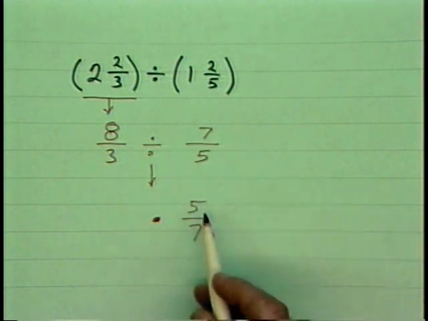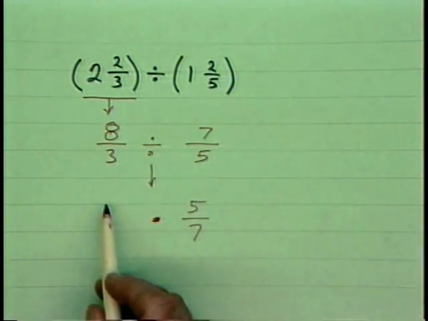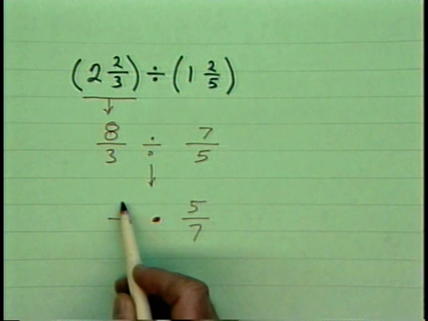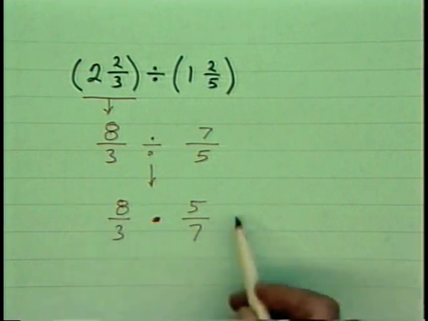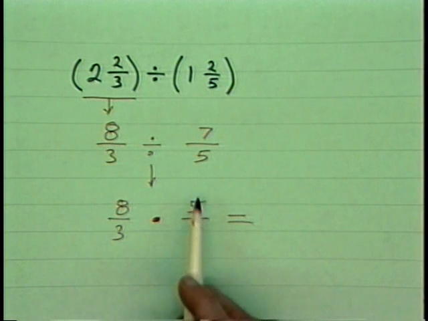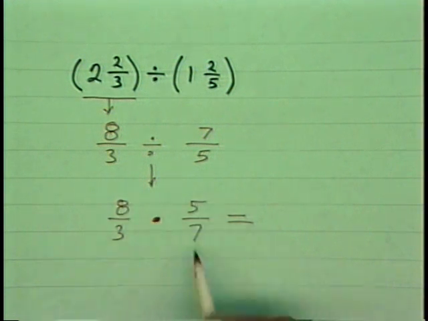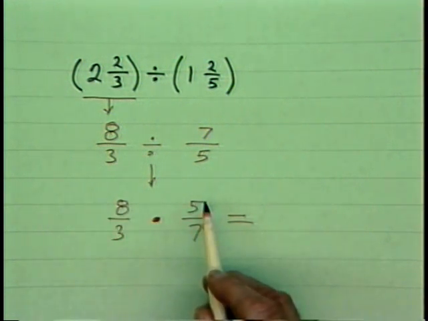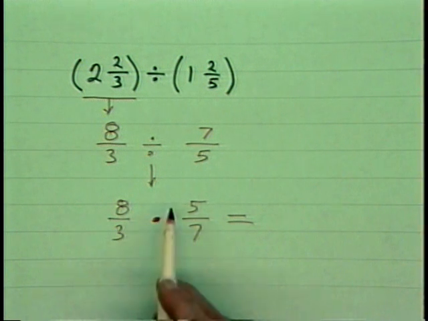of the divisor, leaving this, called the dividend, alone, and then simply do the multiplication between fractions. First checking to see if I can divide or cancel anywhere. I cannot.